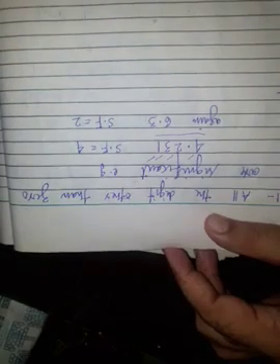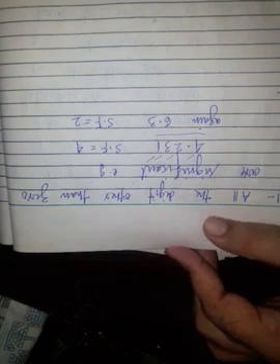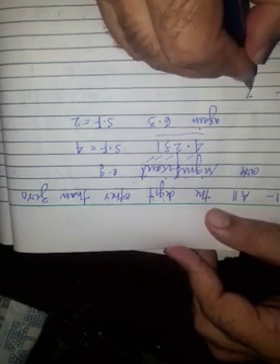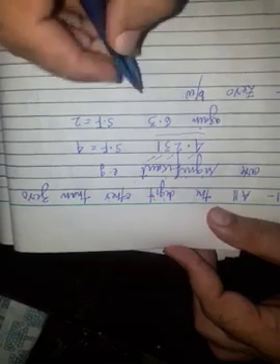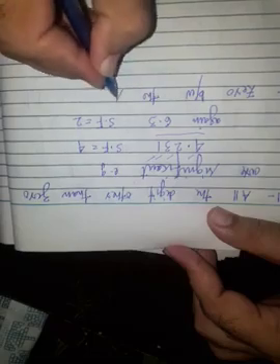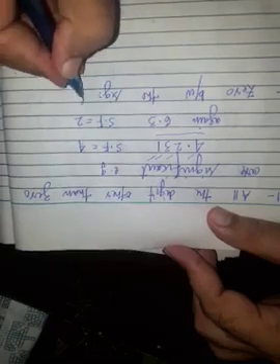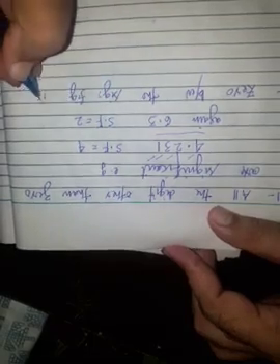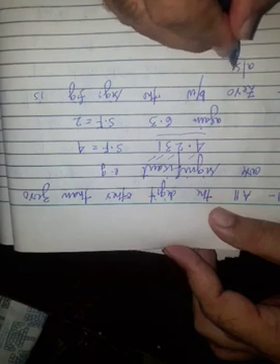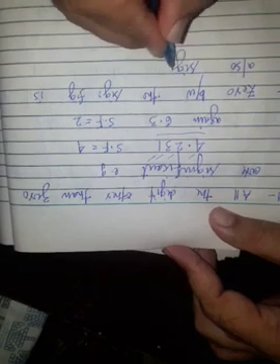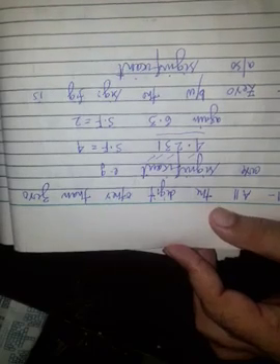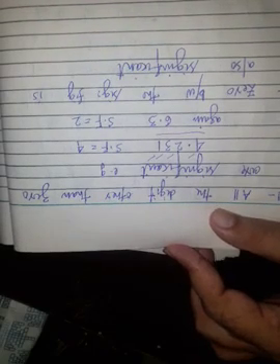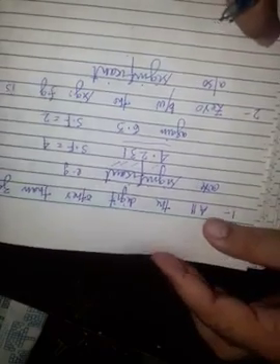Rule number 2. Zero between the significant figures is also significant.